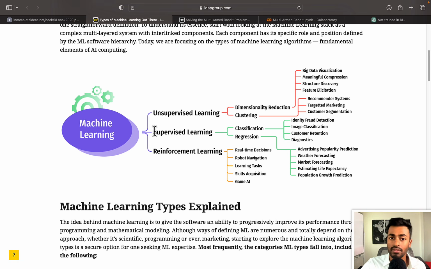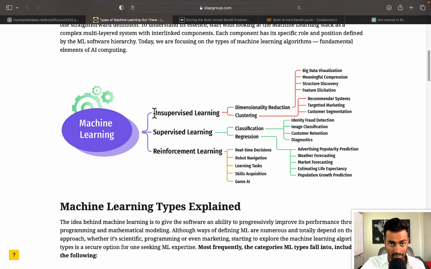But the first, probably more popular one, is supervised learning, where we have data and a label, and we feed this to a model to help it learn how to map that data to that specific label. Classification and regression problems fall under this paradigm of solving problems, and here are a few tasks.